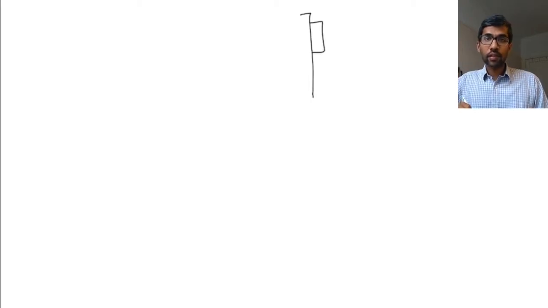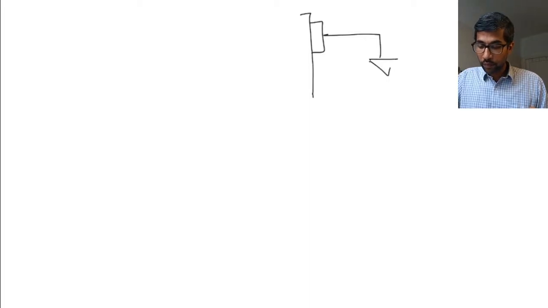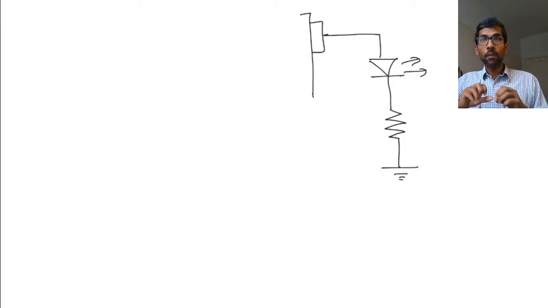I want to take a microcontroller pin and connect an LED to this pin, probably through a resistor and to ground, and I want to blink this LED on and off continuously forever.